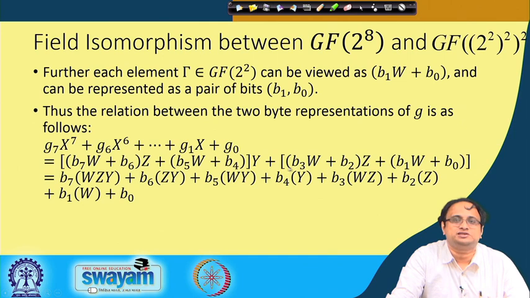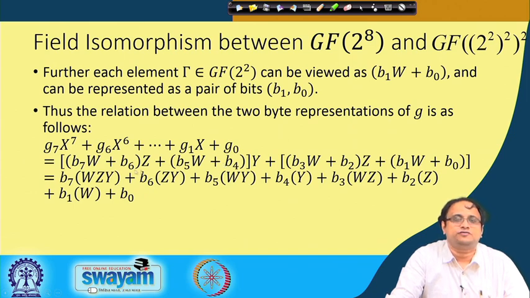So, it will be something like (B3 w plus B2) z plus (B1 w plus B0). Likewise, the top part, B7 to B4, you can arrange as (B7 w plus B6) z, where the indeterminate is z, and the corresponding constant term is B5 w plus B4.